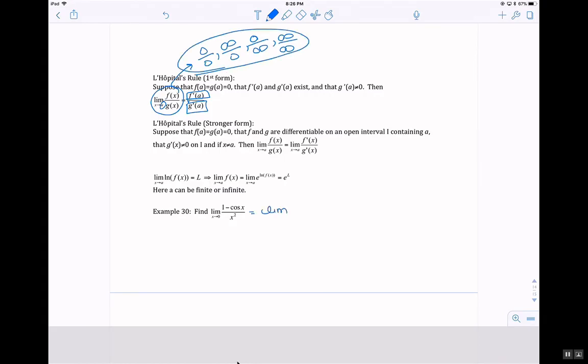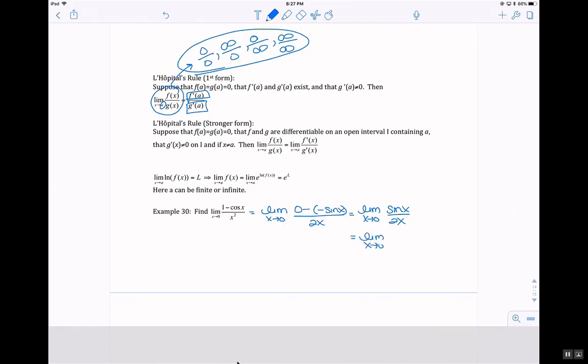So when I look at example 30, limit as x approaches 0, derivative of 1 is 0, minus the derivative of cosine, which is negative sine of x, divided by the derivative of x squared, which is 2x. I still can't plug in my 0 for my x's, because I get limit as x approaches 0 of sine of x over 2x. I then take my derivative one more time.